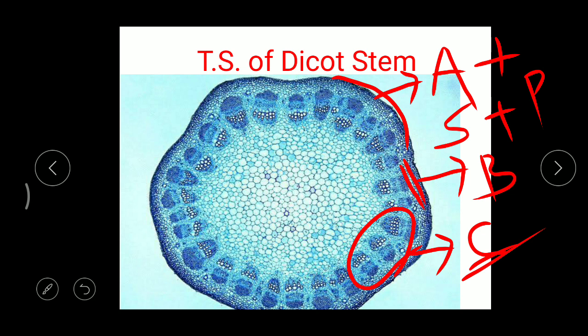And then the last one, D. Here, if we observe in the middle, we can find some light structures. These cells come under group D cells. When you take a matured stem, a fully grown stem, these cells are empty. Empty means nothing.